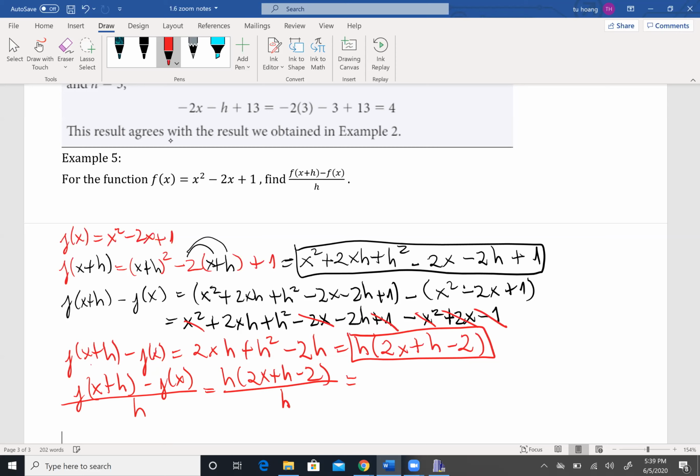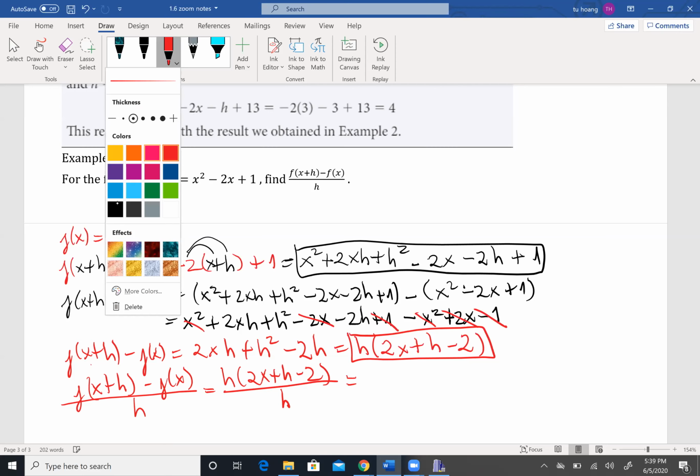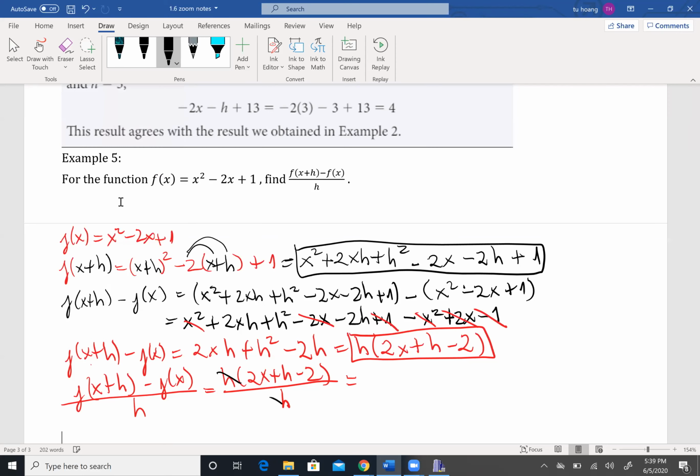And I will cancel the h to get 2x plus h minus 2. And this should be the answer for this problem, but try to write it with h in this case not equal to 0, okay?